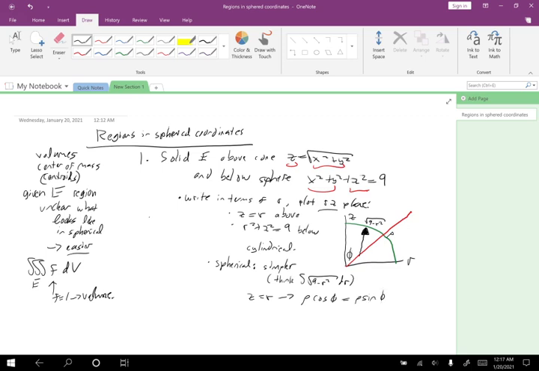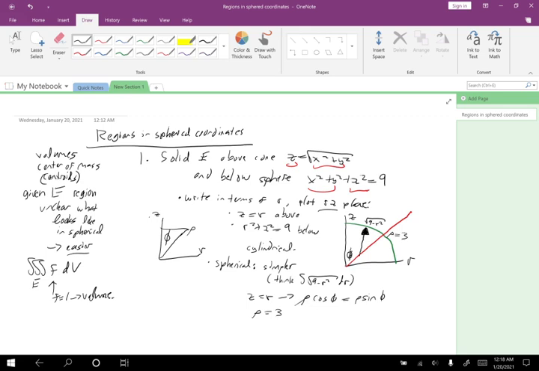Oh, I'm sorry, let me just put that phi in its own diagram, not to get these things confused. z, r, phi, rho. Okay. Now, the second one, the sphere, is just rho equals 3.